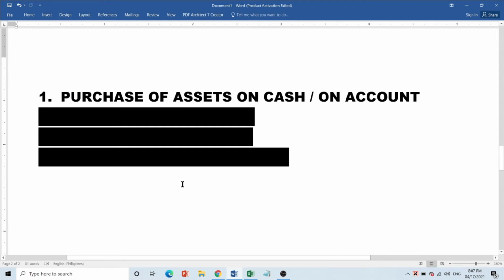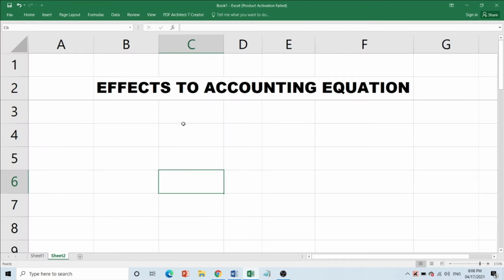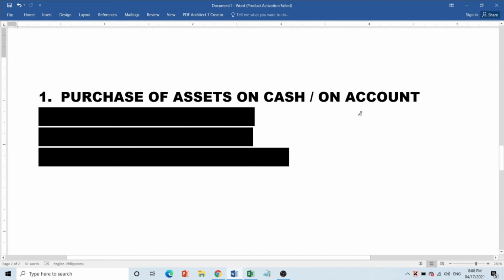Okay, so I have here examples of transactions na kung saan we will try to apply the accounting equation in analyzing and journalizing these transactions. So una po dyan, yung purchase of assets in cash or on account.